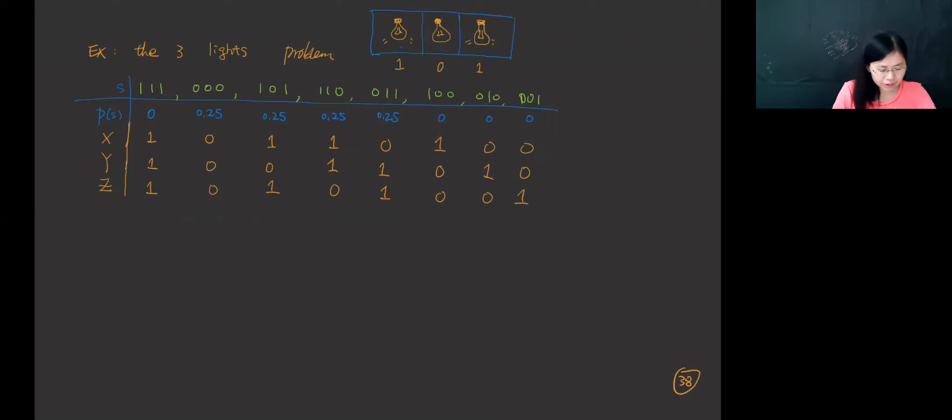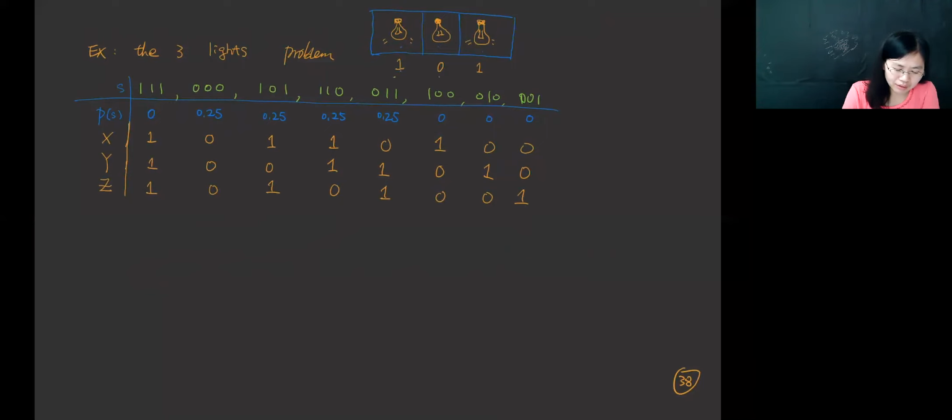This is not surprising to us because we have talked about joint independence of multiple events in maybe the first week's videos. The joint independence of more than 2 events is stronger than pairwise independence of the events. And there we give an example of 3 lights. The 3 lights are in 3 closed door rooms. They could be on or off.